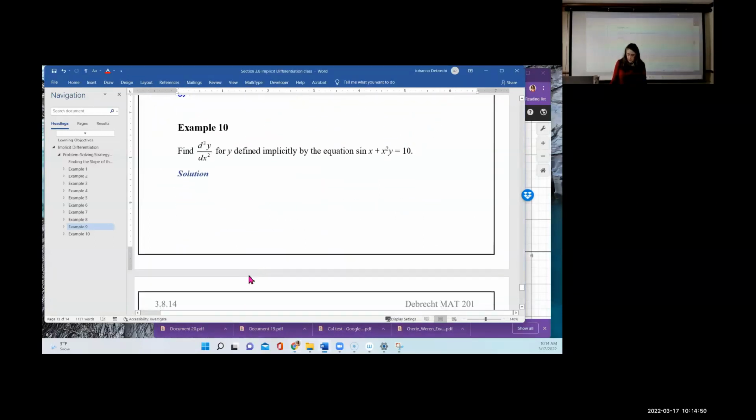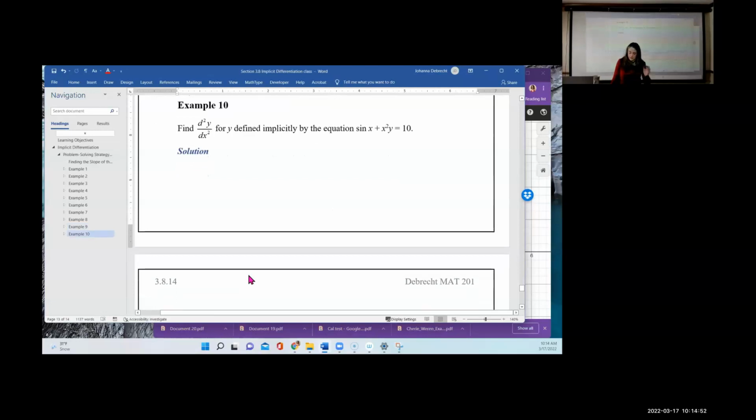Okay, we have one left to do, which is to find the second derivative. Now, this means that once we take the derivative the first time, we're going to take the derivative again a second time. So first we take the derivative the first time.